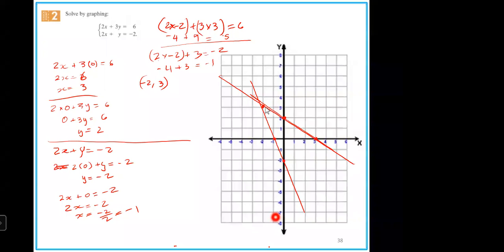Let me check something. This is page, this is checkpoint 2, 7.3. Okay. According to the book, it should be -3, 4.